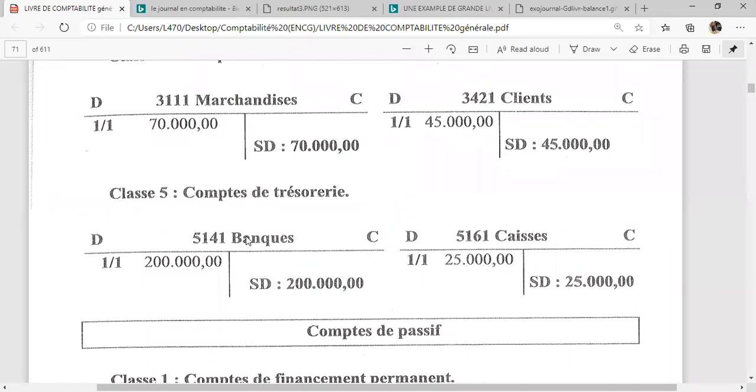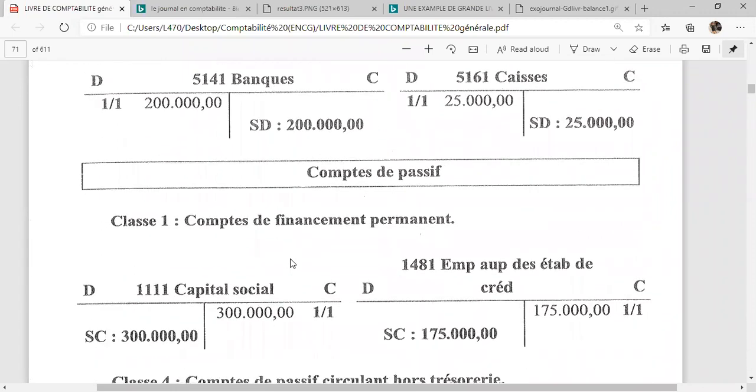There is 5.1, which is debited in nature, but then there's 5.5, which is credited in nature. So we have 5.141, which is bank, and we have the amount there. The SD is the same figure, because the other side has 0, so the difference is the exact same figure.